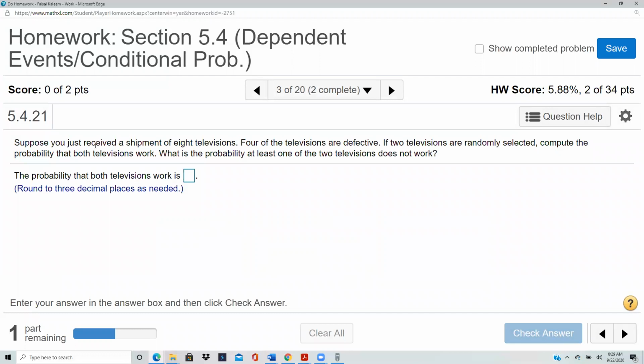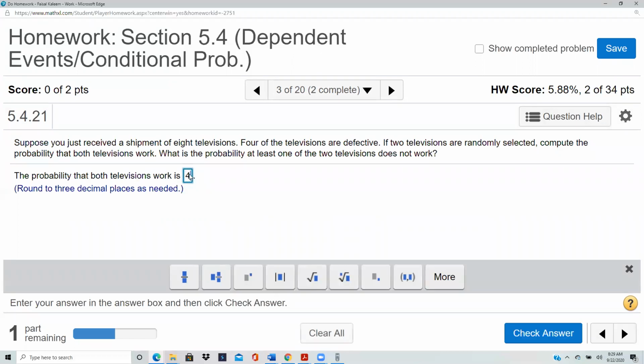Suppose you just received a shipment of 8 TVs, 4 are defective. If 2 are randomly selected, compute the probability that both work. So 4 out of 8 are defective. So it means 4 of them work. So the probability the first one will work would be 4 out of 8.